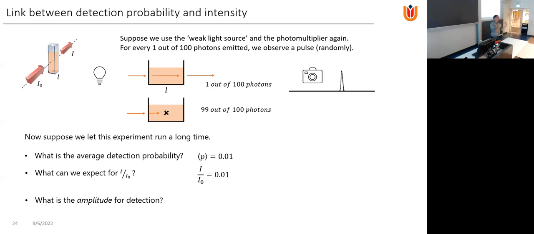So if the probability is 1%, what would then be the amplitude? It would be the square root of 100, so it would be 1/10. Yes, exactly. The probability was the amplitude multiplied with its complex conjugate. So we get the magnitude of this amplitude, of course; the phase we wouldn't know.